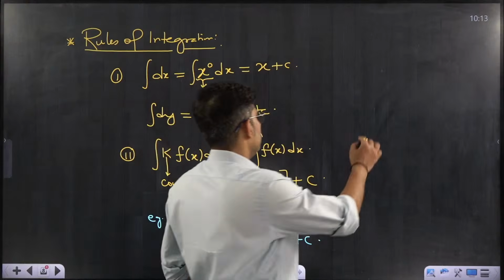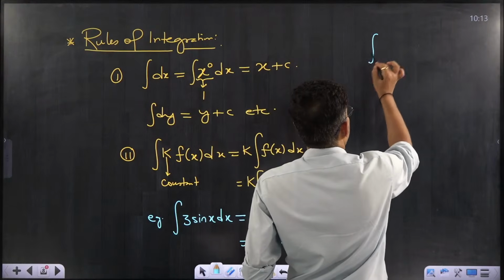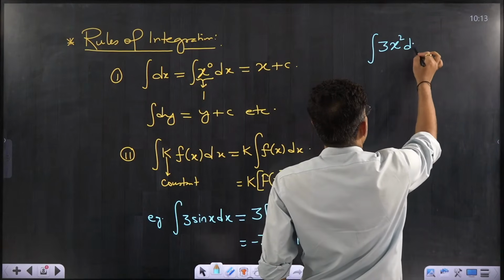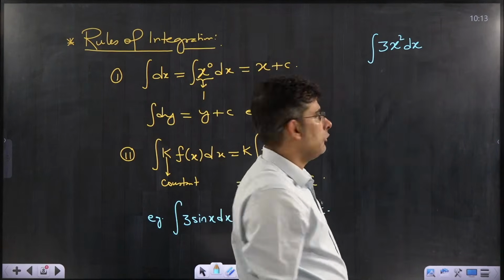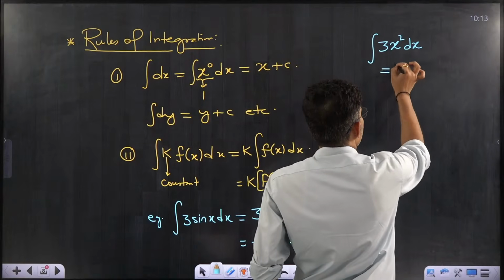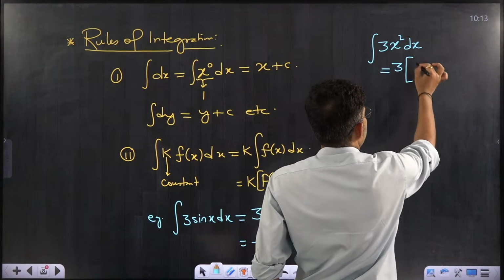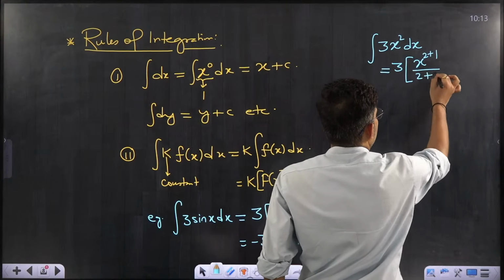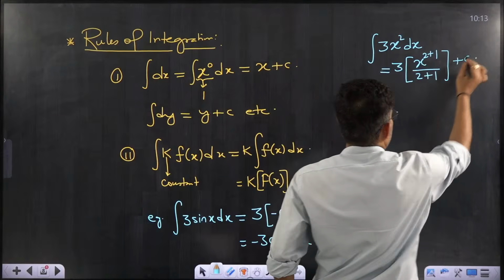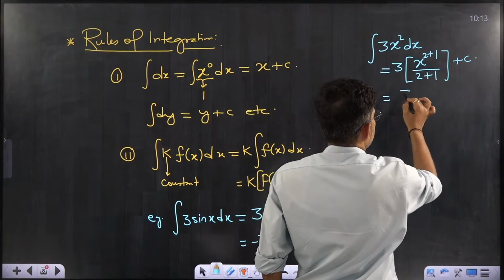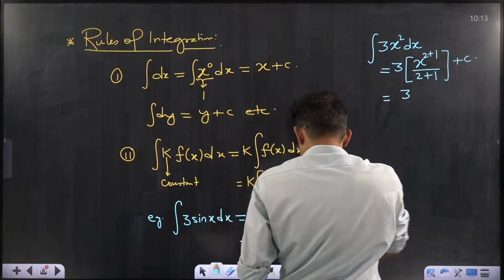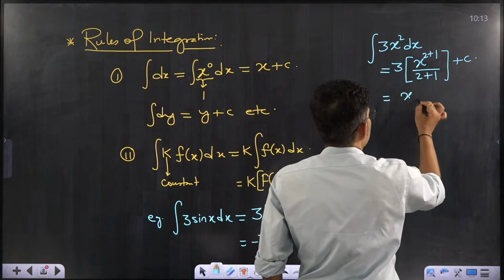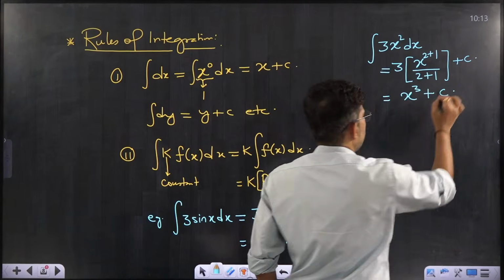If you are writing integration of 3x square dx, you know 3 will come outside, x square integration is x to the power n plus 1 by n plus 1 plus c. So you will get 3 x cube by 3, so 3 goes away, and you are left with x cube plus c.